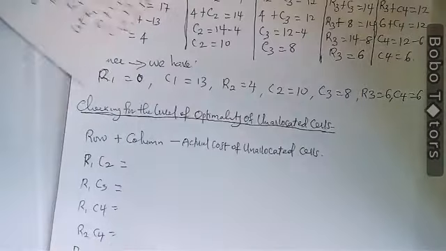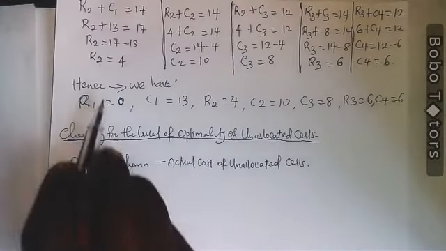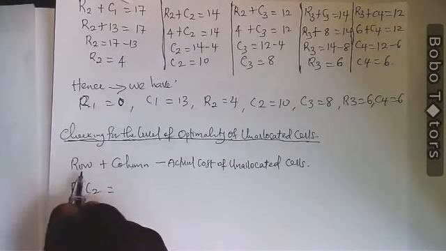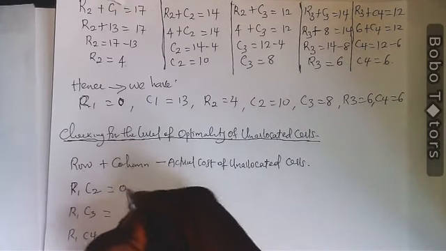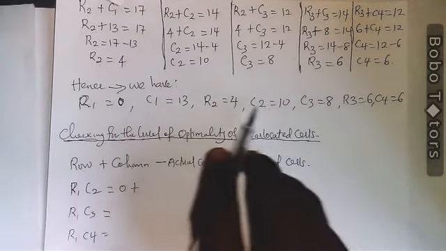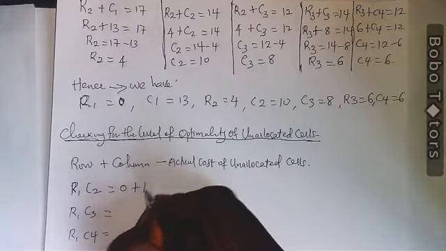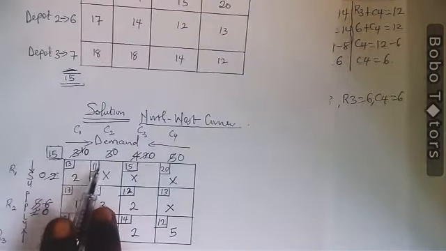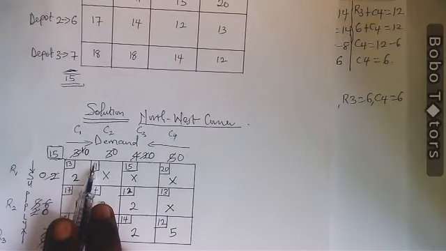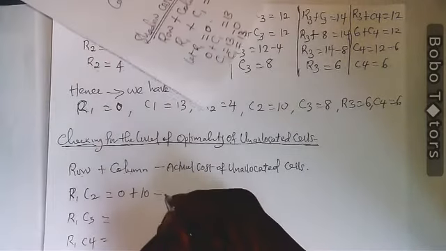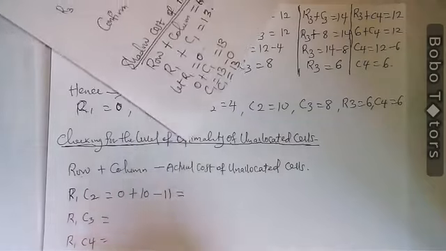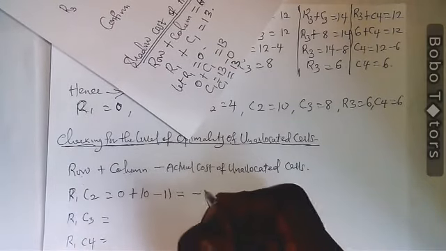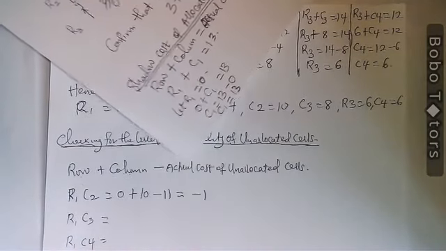Now, remember your row 1 is always 0. Row 1 is 0 plus column 2, which is 10, minus this row 1, column 2. Look at the actual cost of the unallocated cell, which is 11. So 10 minus 11 gives us minus 1.